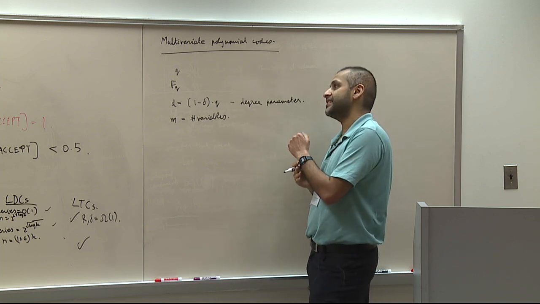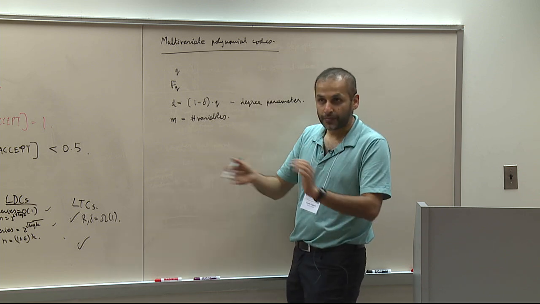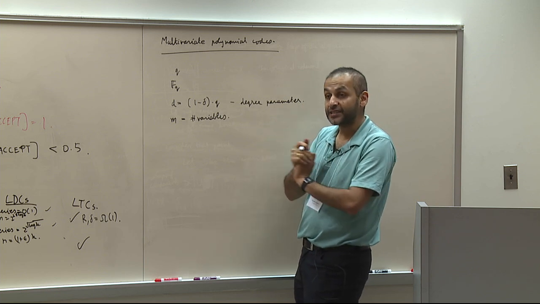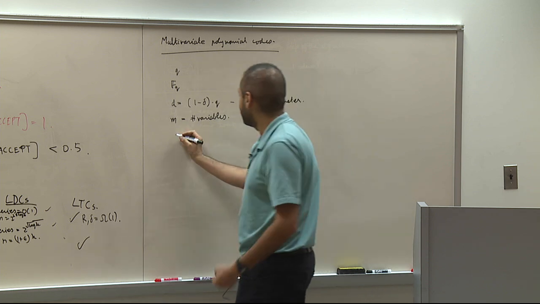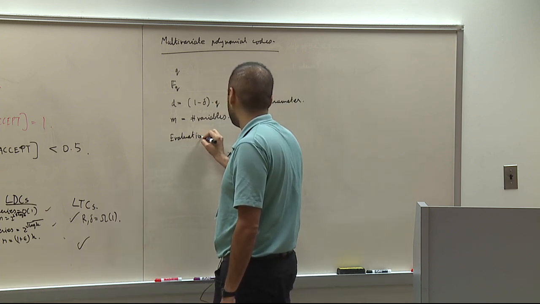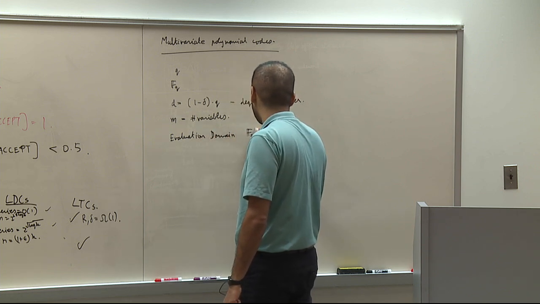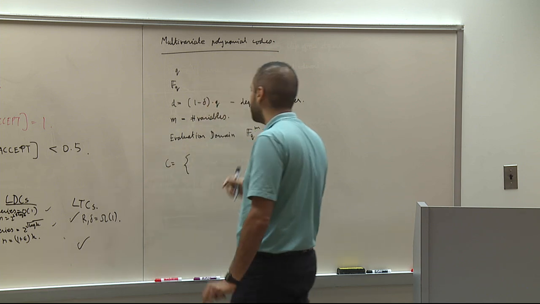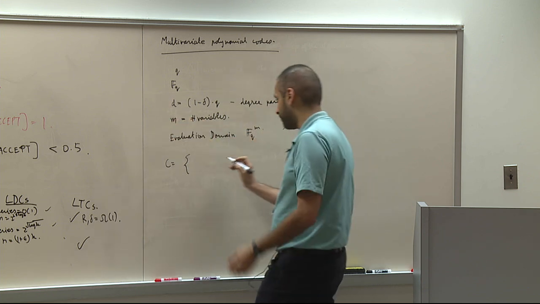But we have the additional caveat that the evaluation domain is chosen to be F_q to the m, all of it. You cannot take less because then you don't get these local properties. In Reed-Solomon codes, the evaluation domain didn't matter, it was just any set of points. Now the choice matters. So the evaluation domain is F_q to the m. And now the code is: we take polynomials of degree at most d in m variables evaluated on all of F_q to the m.